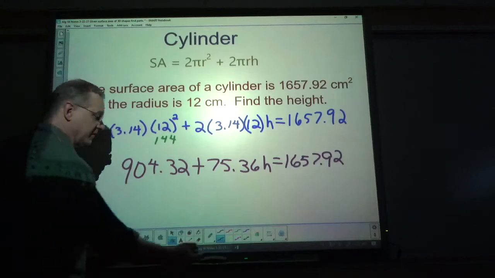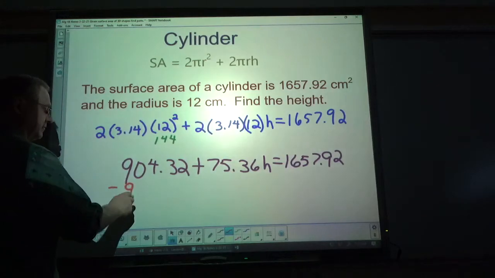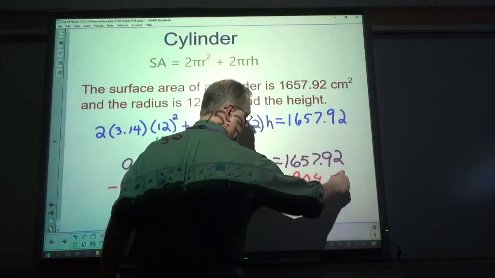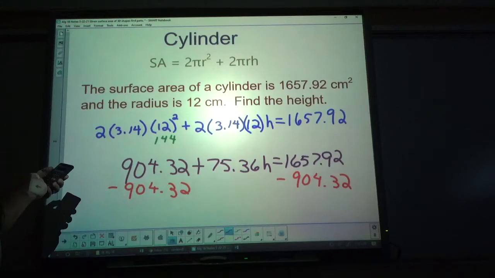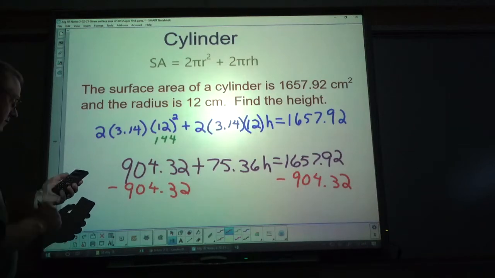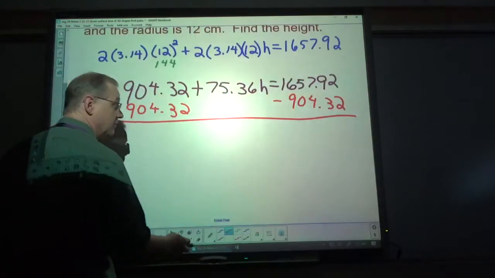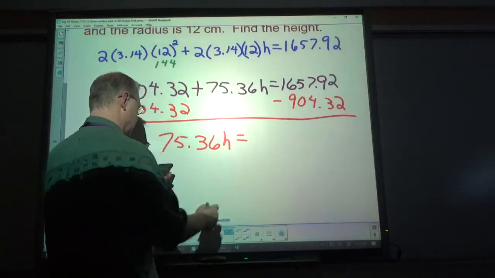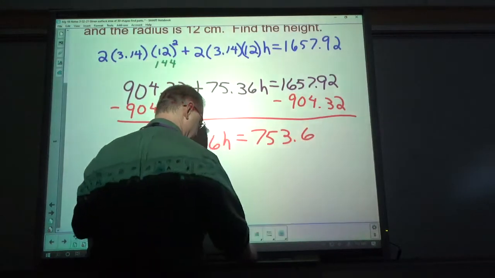There you have it so far. Let's get rid of addition or subtraction with our variable. So that leads us to 75.36 H equals 753.6.